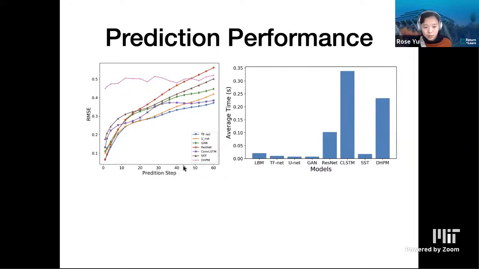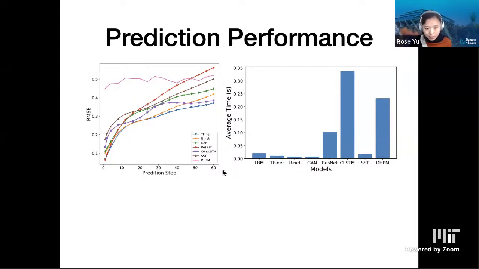So we compared with a large number of baselines. So there is TFNet, our model, UNet, GANs, ResNet, convolutional LSTMs. These models are data-driven deep learning models for forecasting, video prediction or semantic segmentation, commonly used in the computer vision community, but they don't take any physics into account.